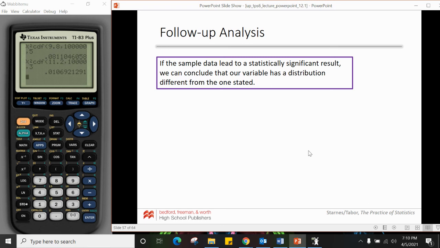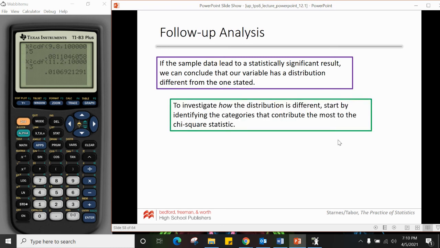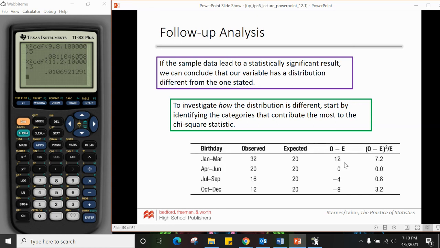So, if the sample data led to a statistically significant result, we can conclude that our variable has a distribution different from the one stated. To investigate how the distribution is different, start by identifying the categories that contribute the most to the chi-squared statistic. Looking here, what influences the chi-squared statistic is observed minus expected squared divided by expected. You add these numbers up.